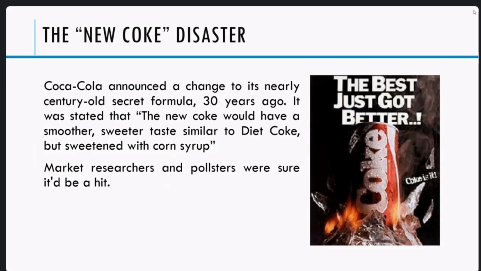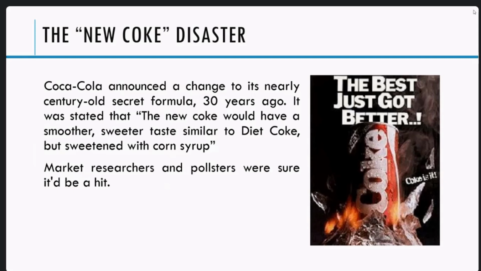But 30 years ago, Coca-Cola announced a change to the old formula, and it stated that the new Coke would have a smoother, sweeter taste similar to Diet Coke but sweetened with corn syrup. That means, in addition to the Diet Coke, which was available at that time, the corn syrup has been added to make it more sweeter, and then launched the new Coke and replaced the previous one.